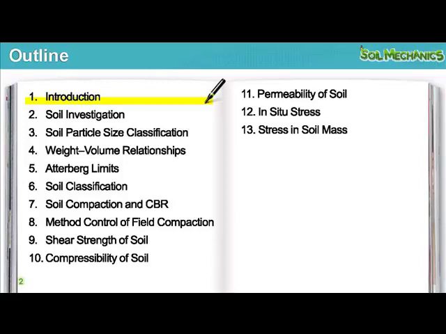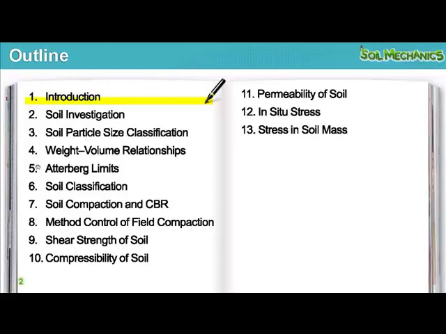After that, chapter 6 is soil classification. As I mentioned before, for doing soil classification, we have to know the percent of sand, silt, clay, that we will learn in chapter 3, soil particle size classification.